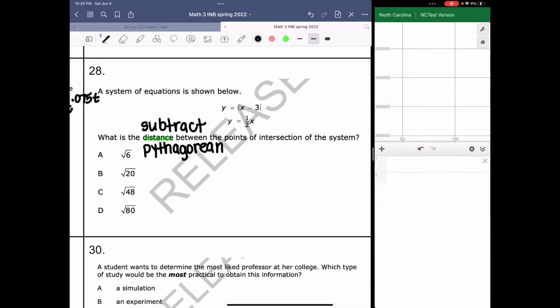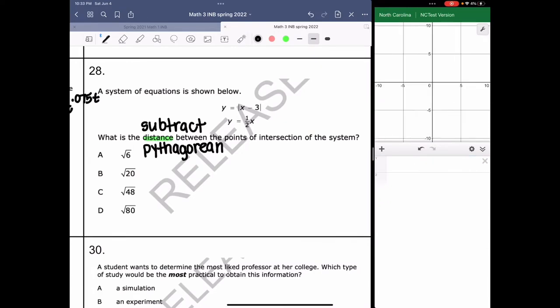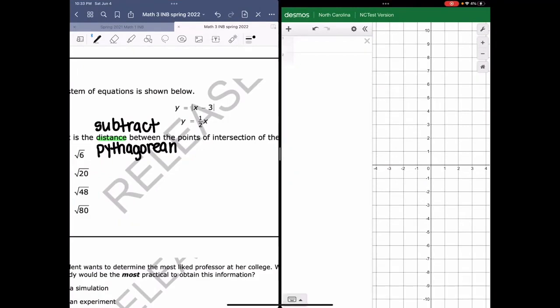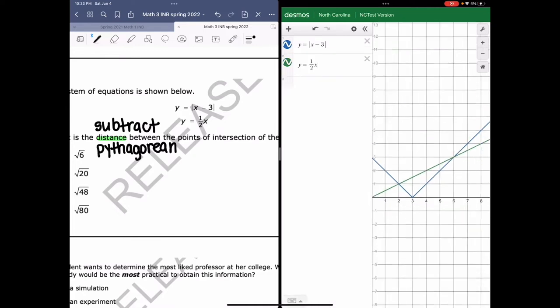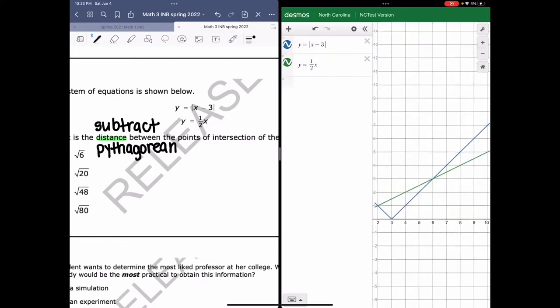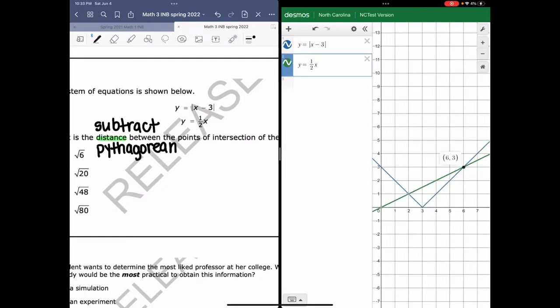Now, I'm probably going to guess that we're going to have to do Pythagorean theorem, because the intersections are going to be diagonal from each other. So y equals x minus 3, and then we have y equals 1/2 x. All right, so we have our first point at 1, 2, and our second point at 6, 3.